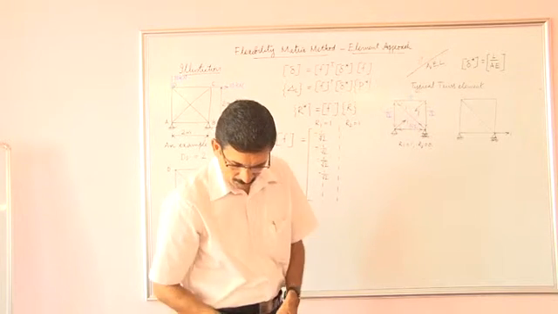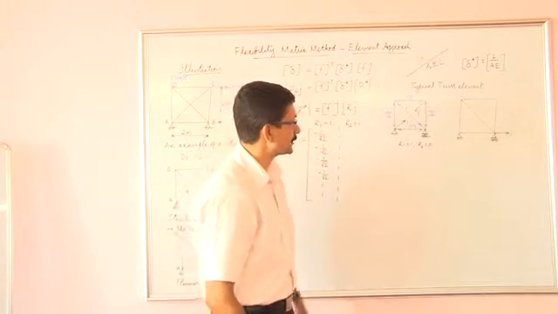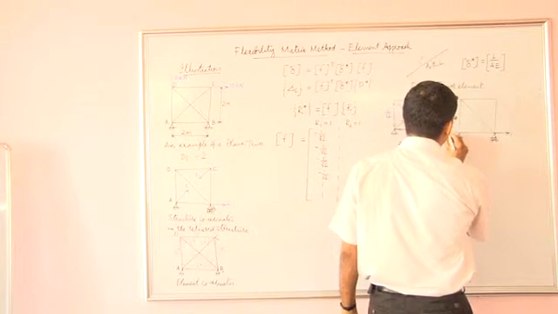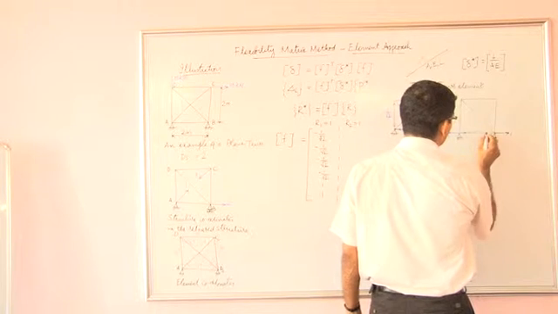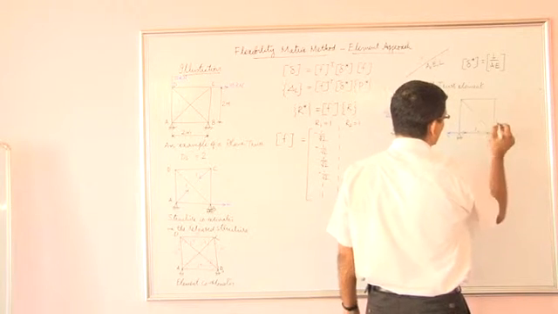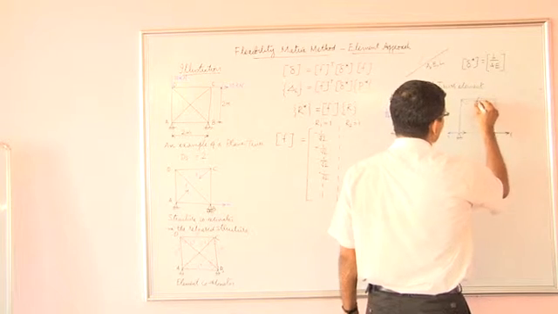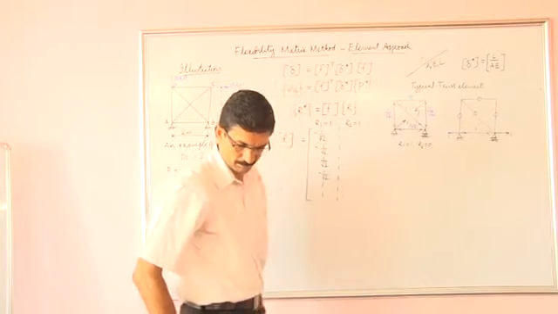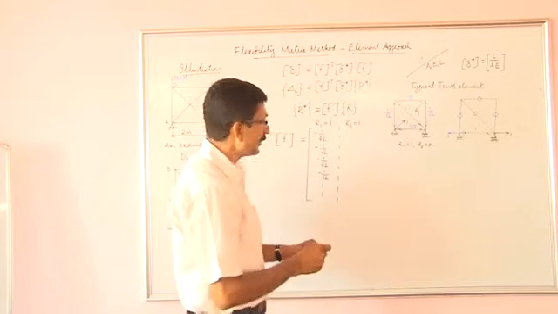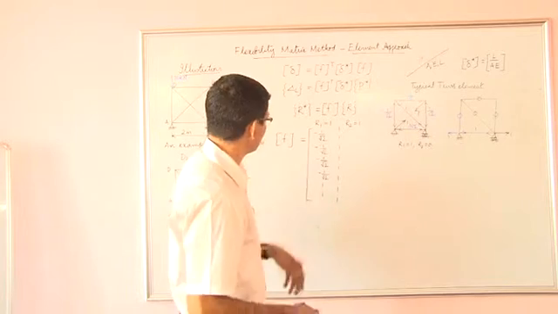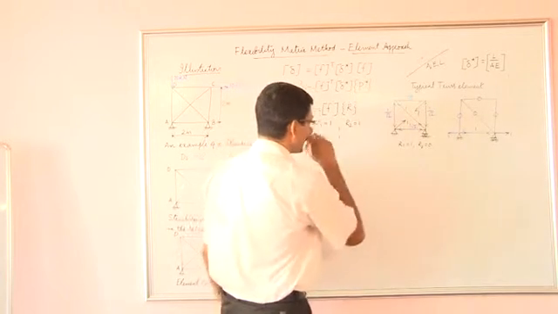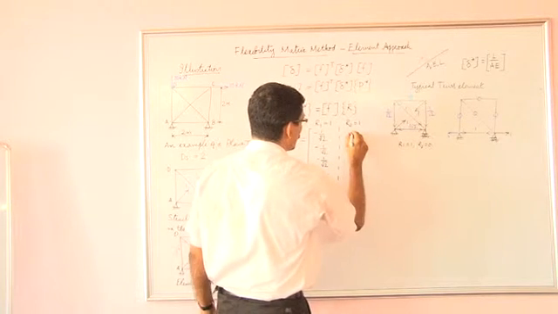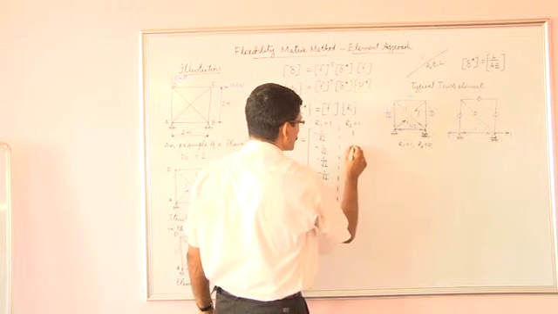Now, if you do an analysis using method of joints, you are going to get the reaction here equal to 1. The force in this member is unity with tensile nature. The force in all the other members would be 0. If you fill up the second column of the force transformation matrix, we are going to get 1 corresponding to this member, that is coordinate 1 star, and zeros everywhere else.